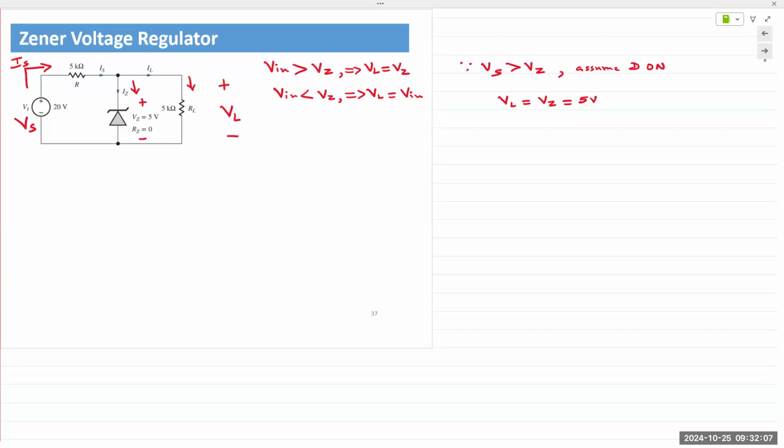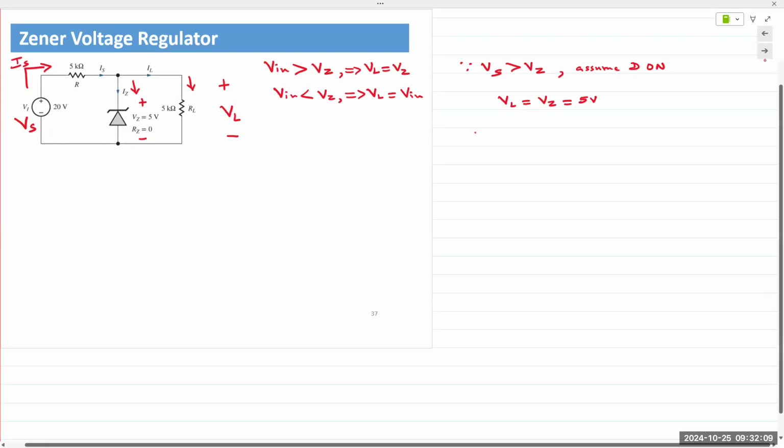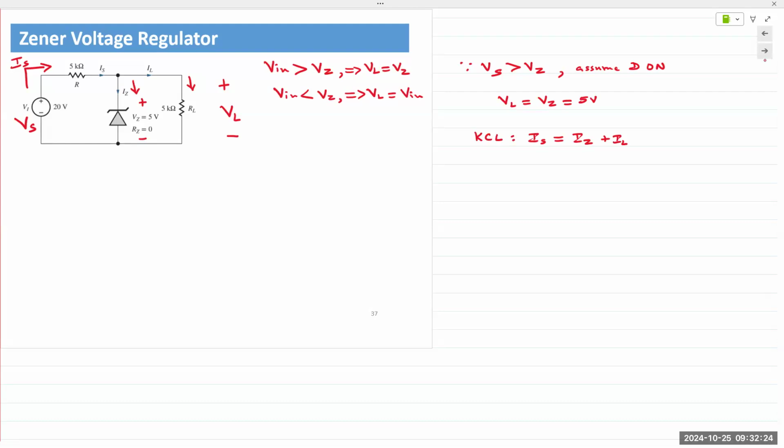Make sense? Right? We apply KCL at the top and we obtain total source current is equal to Iz plus IL. Now we do nodal analysis, and so we express each current in terms of the node voltages.